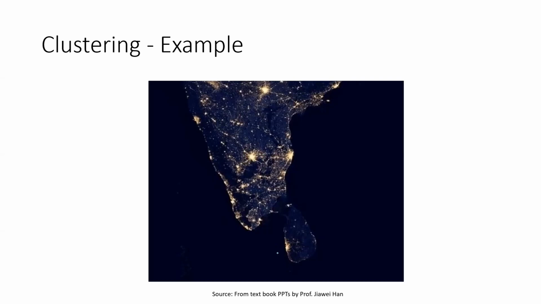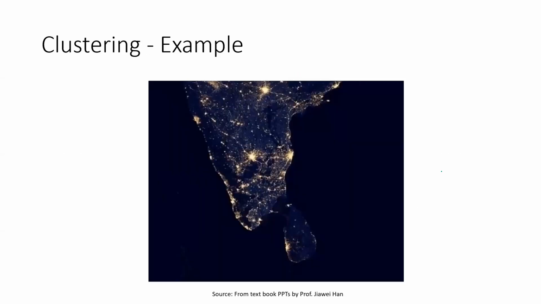In Colombo, you can see a higher light, and it is relevant to higher population density. In India also, you can find the centers of higher population with the higher light concentration.